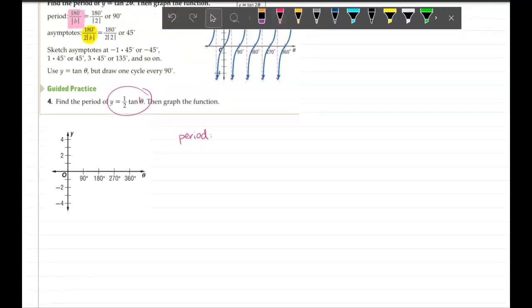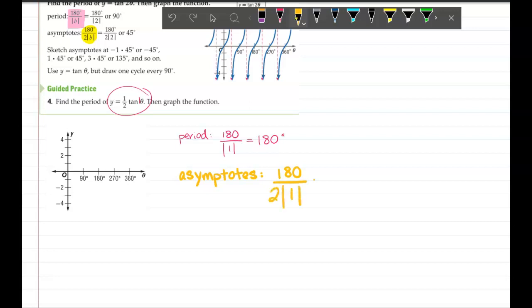So our period using the formula is 180 degrees divided by the absolute value of 1, which is 180 degrees. If we want to find the asymptotes, we would take 180 degrees divided by twice the absolute value of b, which gives us 90 degrees.